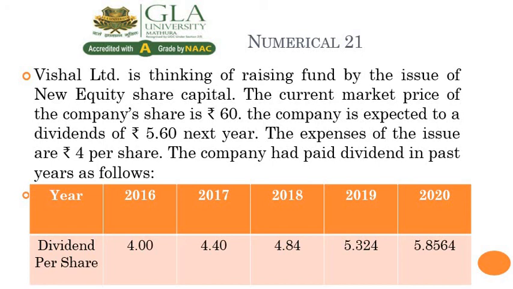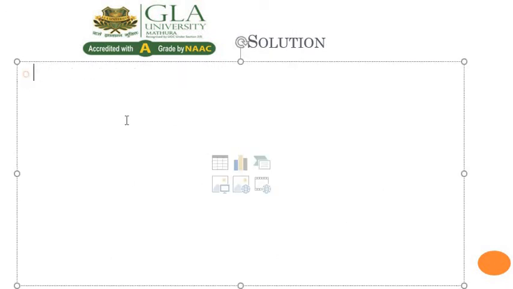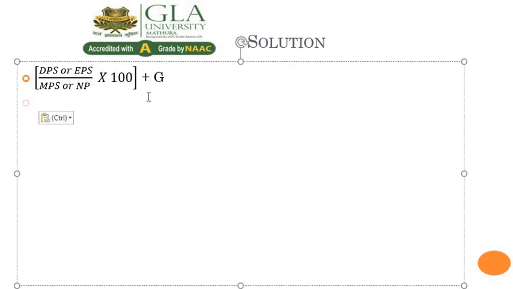This is our formula. According to our previous numerical, our DPS is given, that is 5 rupees 60 paise. In case of NP, here one thing is contradictory in this numerical.